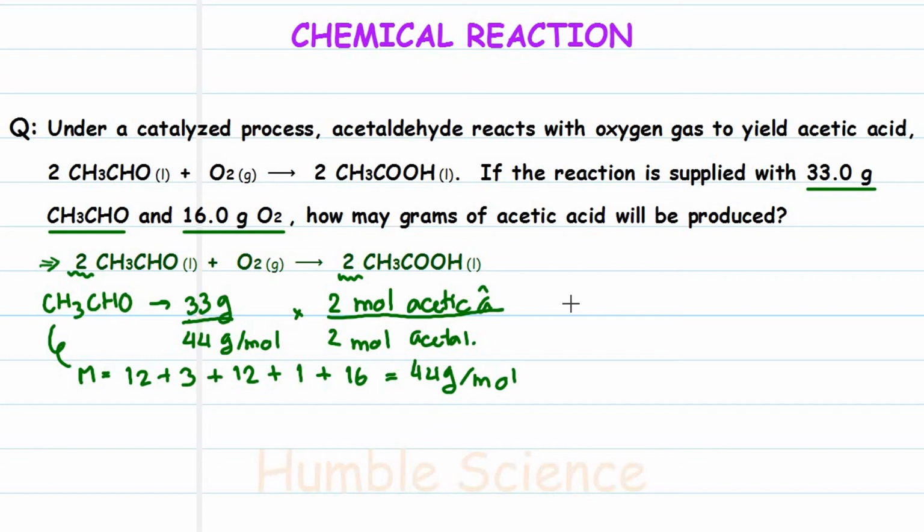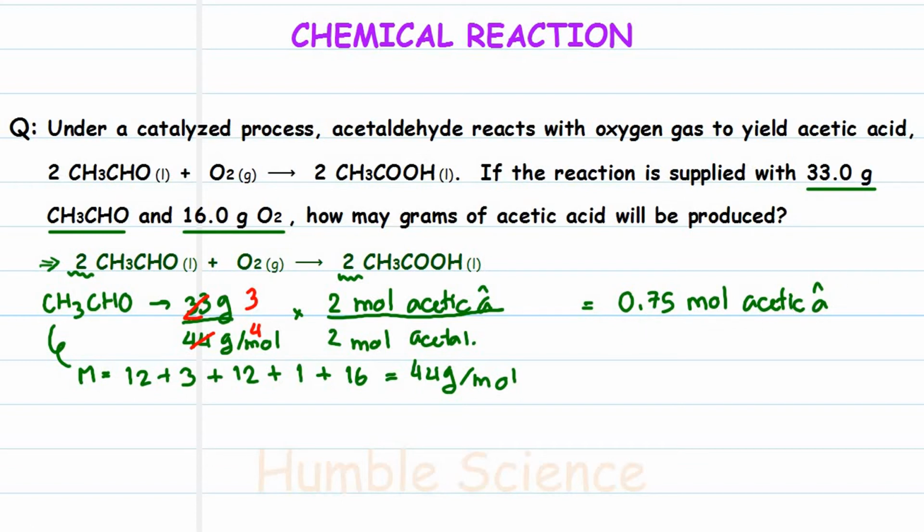Alright, so that is going to be 33 divided by 44. That is 3 over 4. This is going to give us 0.75 mole of acetic acid. So if we use up 33 grams of acetaldehyde, it will give out 0.75 mole of acetic acid.